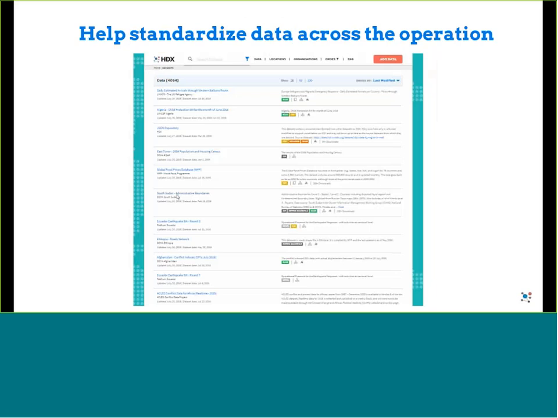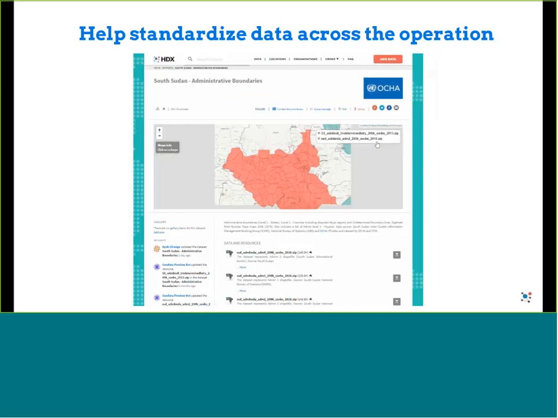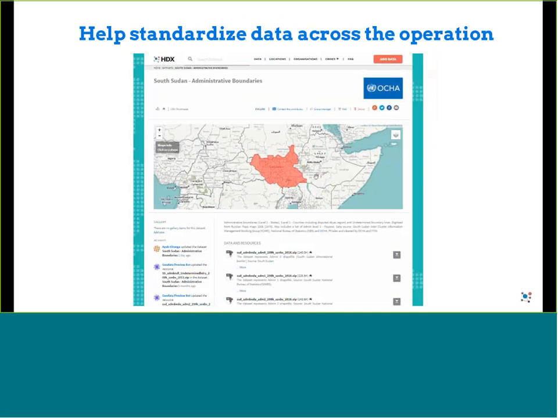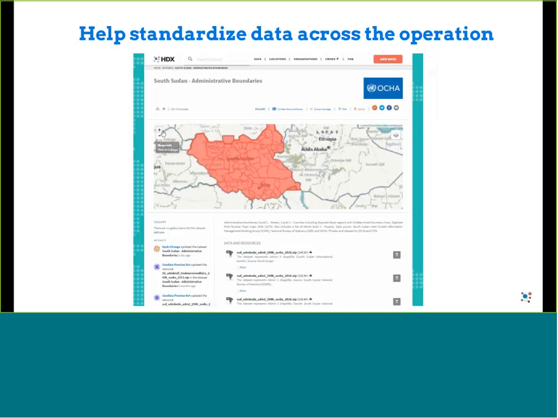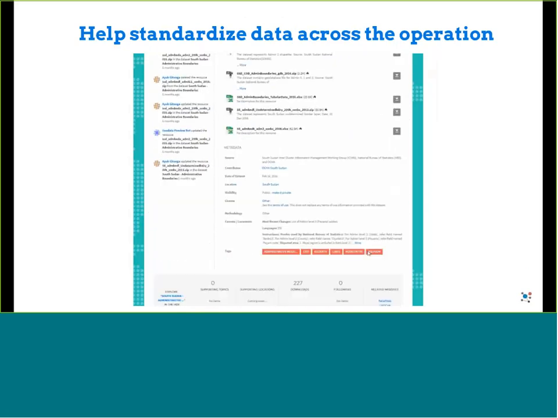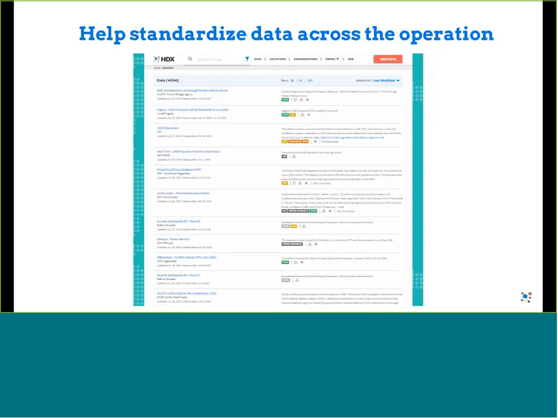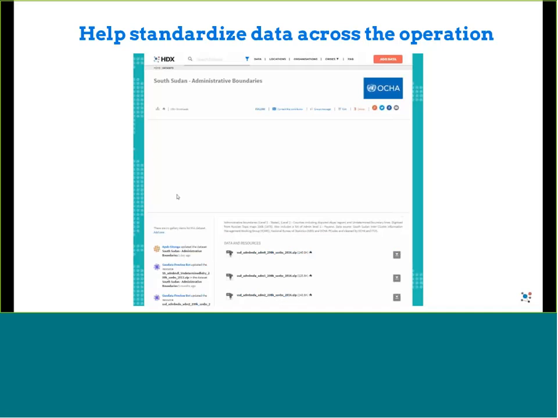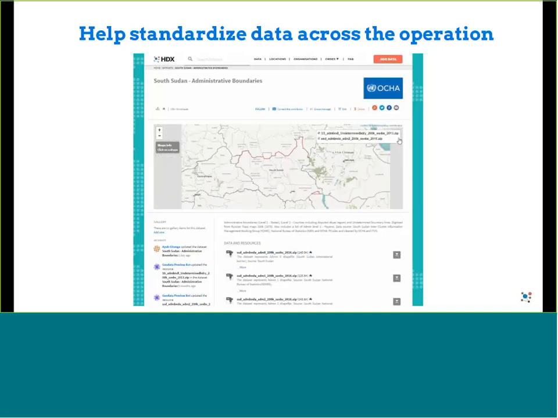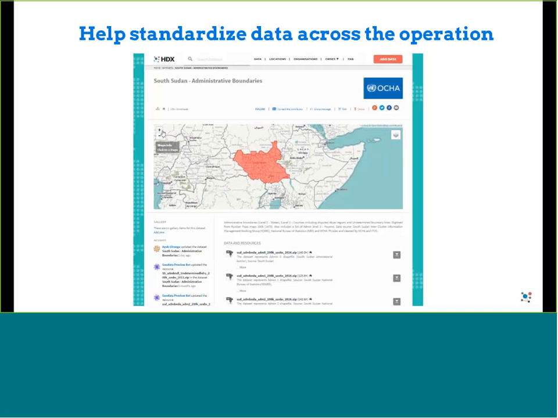And one of the other things that we also do is help to standardize data across humanitarian operations. So we have what we call the common operational data sets that are available on HDX. And these common operational data sets, be they administrative boundaries or population figures and other types of data, help humanitarian analysis be based on the same core set of data.